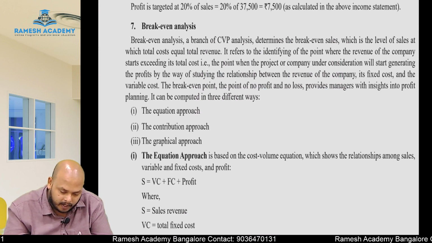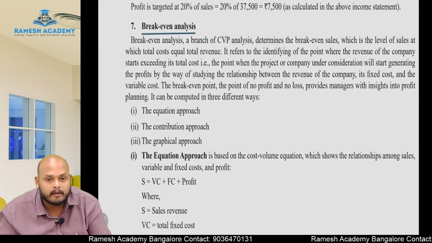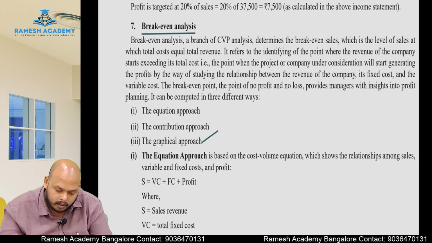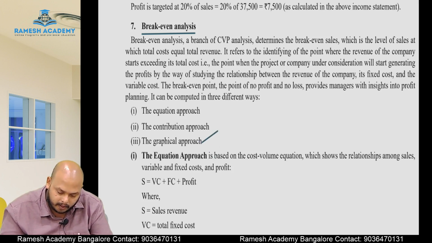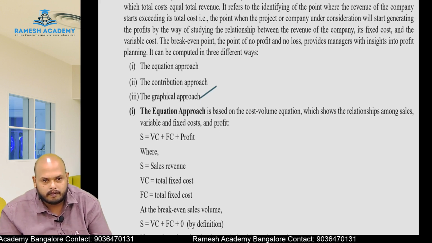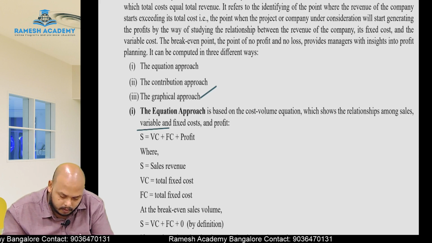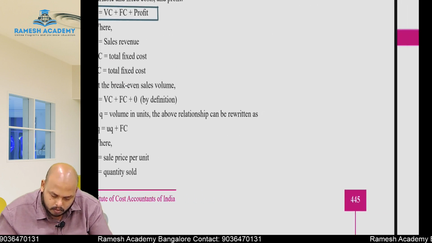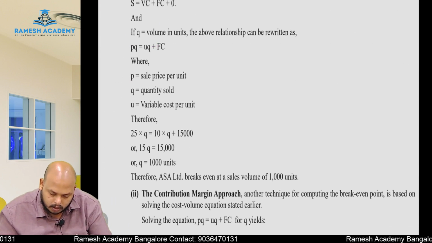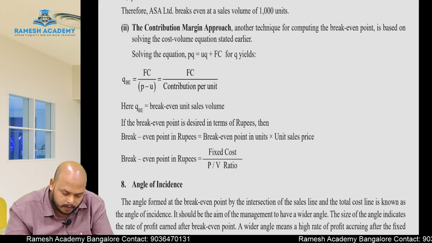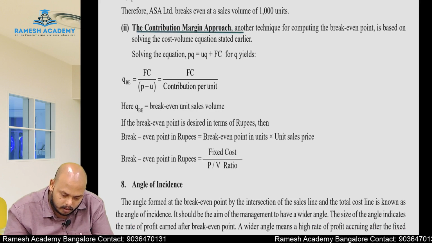Next, break-even analysis is also finished. I already gave you the graphical method approach. The equation approach we don't require. The equation approach is sales equals total cost plus profit. Next, contribution margin approach we also did.